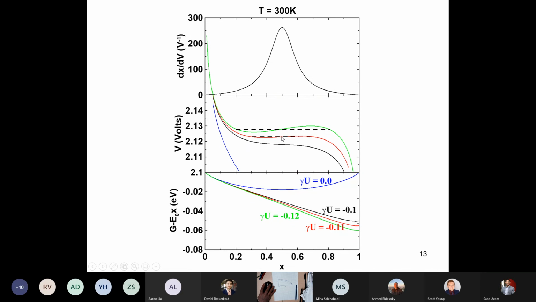If you were in the middle, you'd have 50% of the sample with 0.3 lithium and 50% of the sample with 0.7 lithium. And then when you go beyond this area, the lithium's randomly distributed in all the sites again. And similarly for the green curve, except the endpoints are about 0.2 lithium and 0.8 lithium in that case.